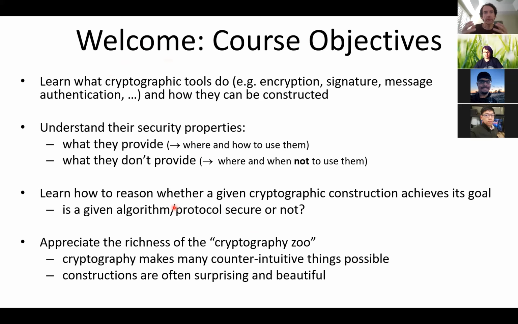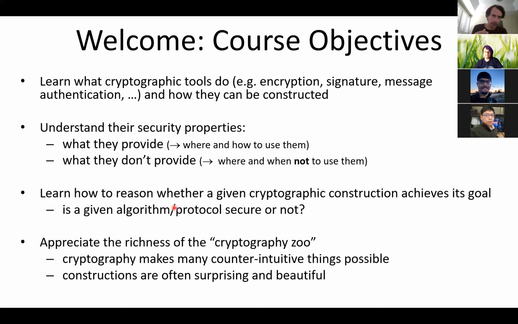So the bread and butter of cryptographic activities that this class will introduce you to is, okay, here is an algorithm proposal. Does it achieve the security properties that you would like it to achieve? Or does it not?